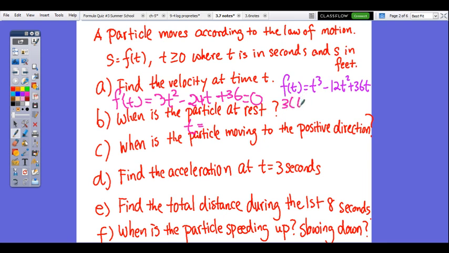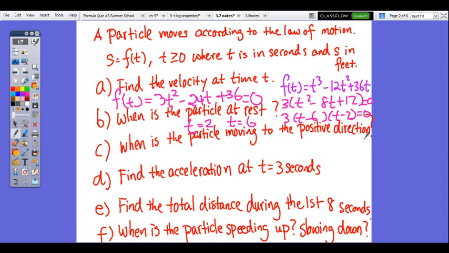We do have t squared minus 8t plus 12, and that equals 0. So we have 3 times, and we factor the trinomial mentally: t minus 6 and t minus 2. So that means at t equals 2 seconds and 6 seconds, the particle is at rest.